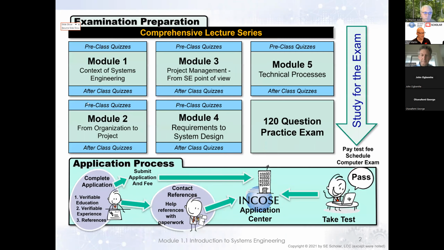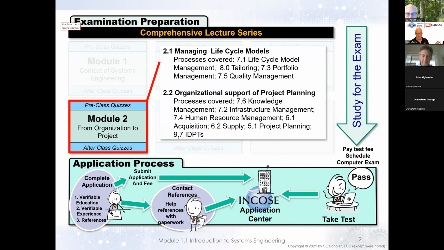So one thing I want to go through: we did module 1, which was the context of system engineering and the way it works. Module 2, what you saw in the lectures, was going from the organization to the project.